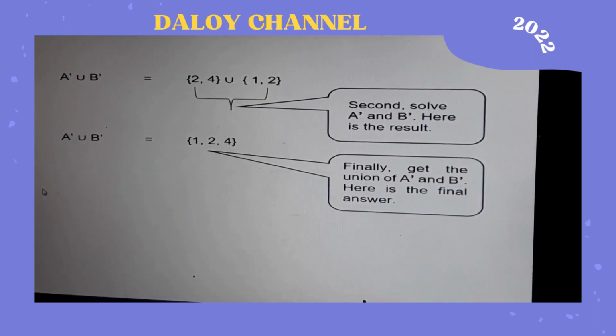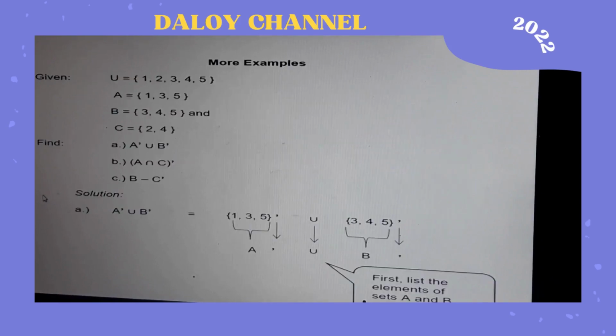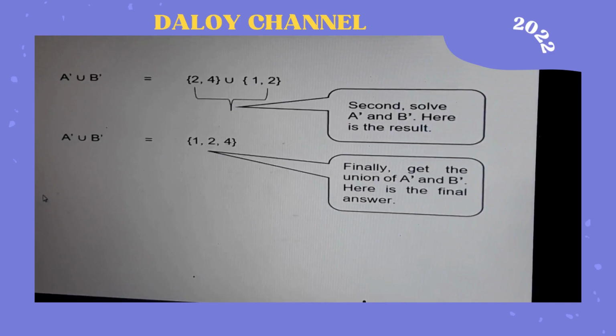The second step is identifying its complement, compared to the universal set. So these are the numbers 2 and 4, the numbers found in the universal set which are not in set A. With set B, it is 1 and 2.